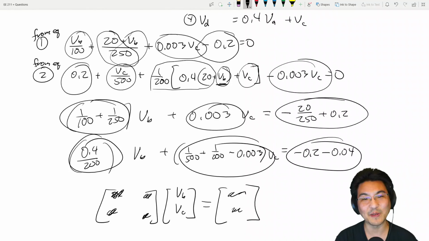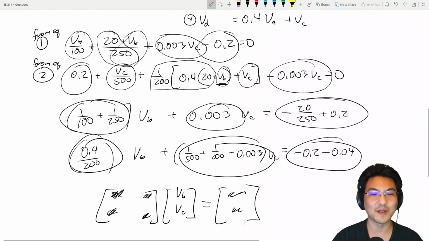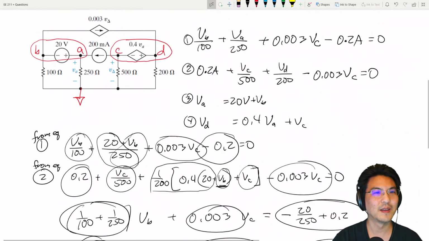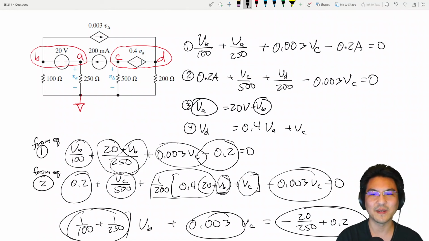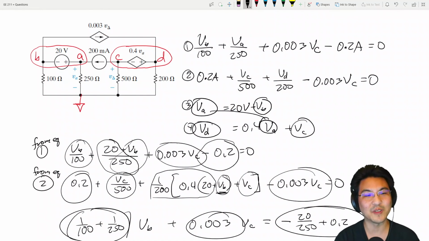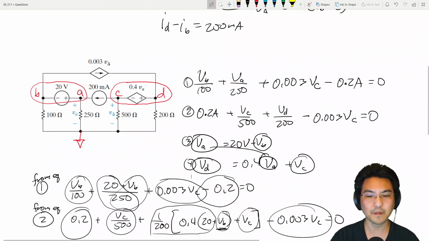And let the computer solve it for you. Okay, and then once you know these node voltages, then substitute it right here. VB goes here, then you have VA, VC goes here, and then we just solve for VA, then you have VD. Now you know all 4 node voltages. Once you know all 4 node voltages, that's pretty much it, right? We got everything.